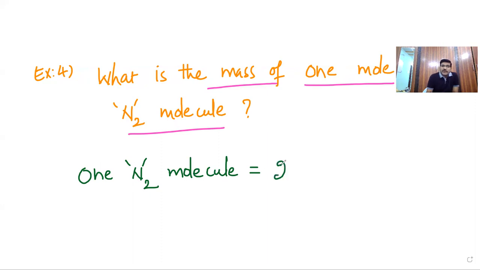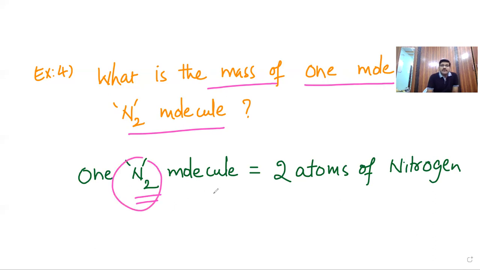One molecule of N2 consists of 2 atoms of nitrogen. Here we have 2 atoms of nitrogen equal to 1 nitrogen molecule. Now I generalize the statement.